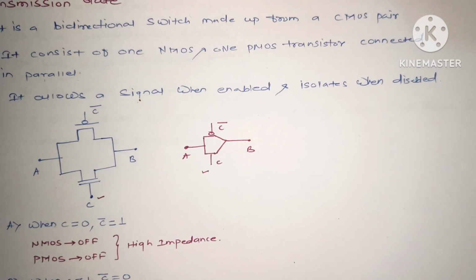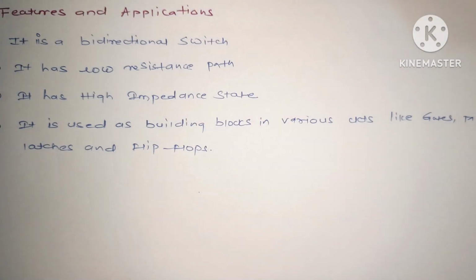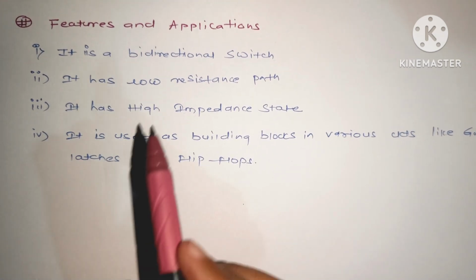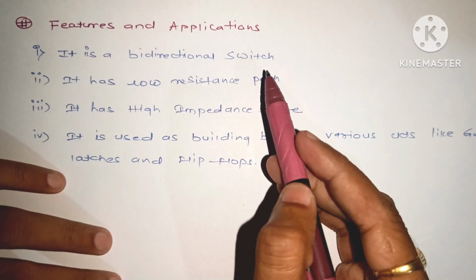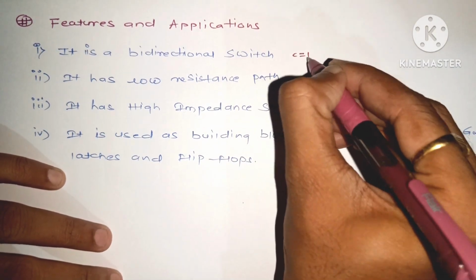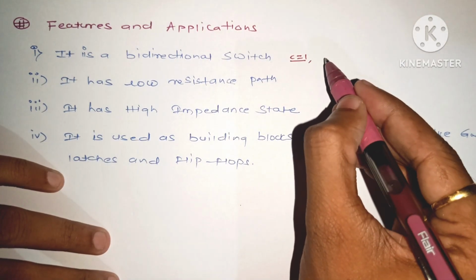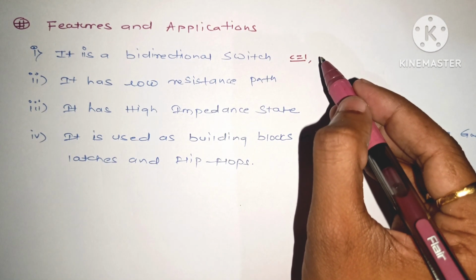Now coming to the applications or the features of transmission gates. The first feature is it basically works as a bidirectional switch. As we have seen in the second condition, when C is equal to 1, both the transistors were in on condition, and that's why we can have a path from PMOS or from NMOS.